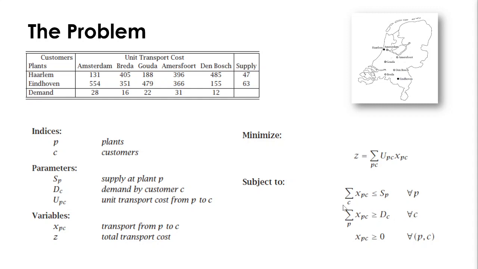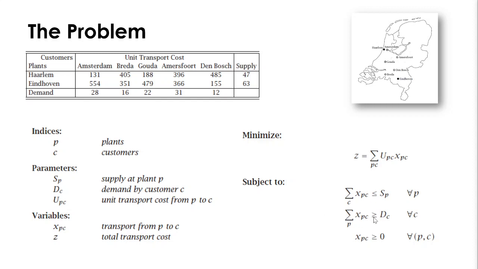And what we have to the left of this symbol is the summation of all the units we transport from every plant to this particular customer. So this is the amount that this customer receives from all the plants, and we impose that on every customer. So we make sure that all customers are receiving what they have demanded.